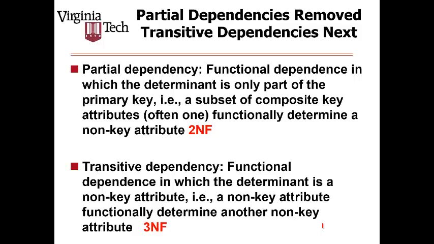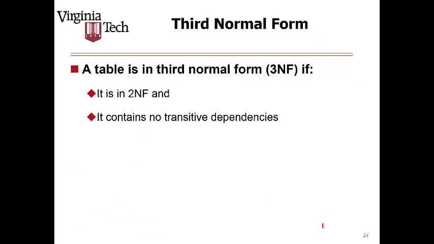Remember, our goal is the key, the entire key, and nothing but the key. Transitive dependencies are violations of nothing but the key. Right? You can't be dependent on any other attribute than the key attribute, and that's a transitive dependency.